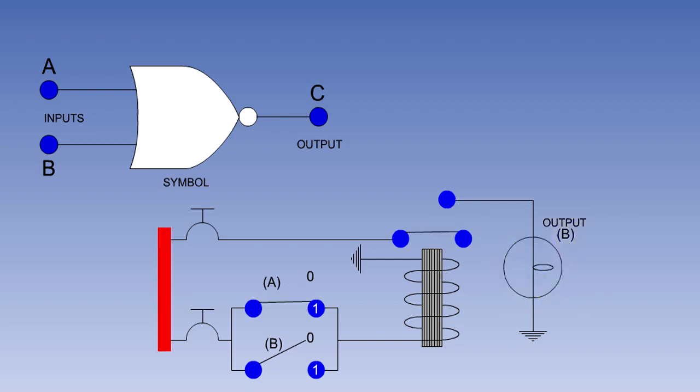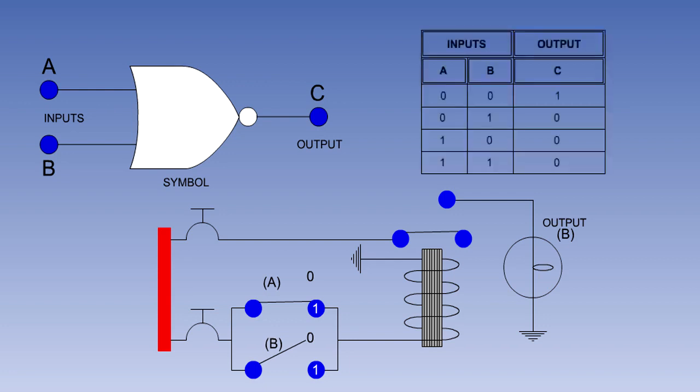If either switch or both switches is closed, the relay will be energized and the light will go out, representing an output of 0. Here is the truth table for the NOR gate. Again, spend a moment studying it before moving on to see the final gate.